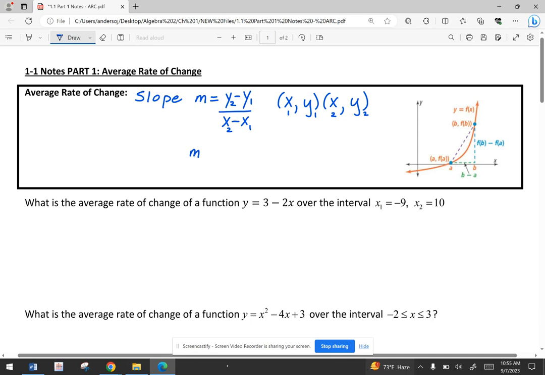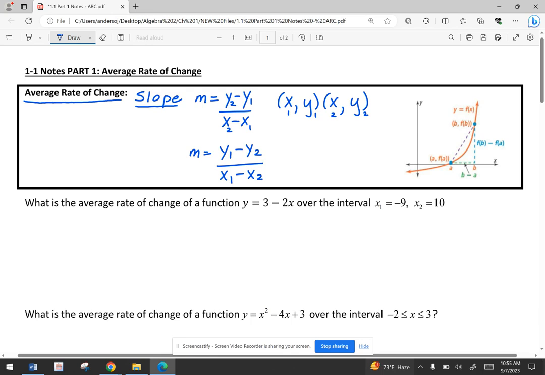Please note that it doesn't really matter if you take y1 minus y2, as long as you take x1 minus x2. So either one is going to result in the same value. So what I want you to know is that average rate of change is the same as slope.